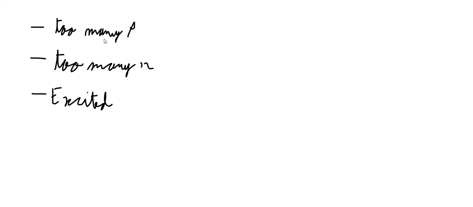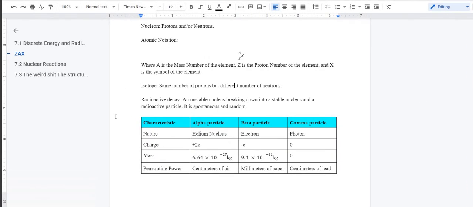In the cases where they have too many protons or too many neutrons, they decay so that they end up with a more stable ratio of protons and neutrons. And in the cases where they're excited, they just emit the energy that they have been excited by. But you don't need to know this for IB. If you want to make sense of why they decay, you could use that.